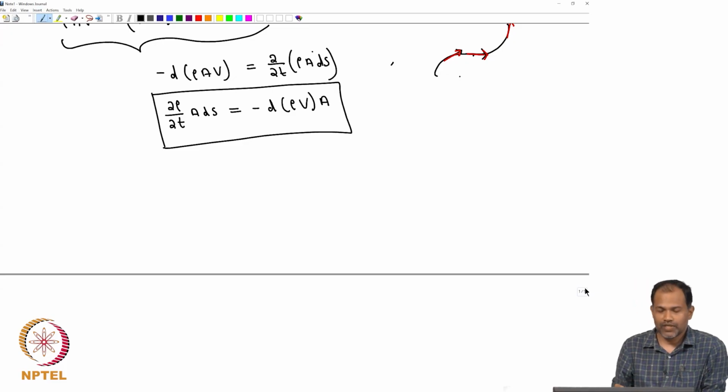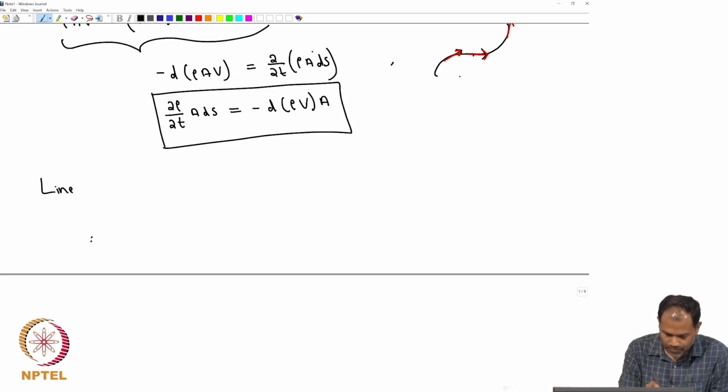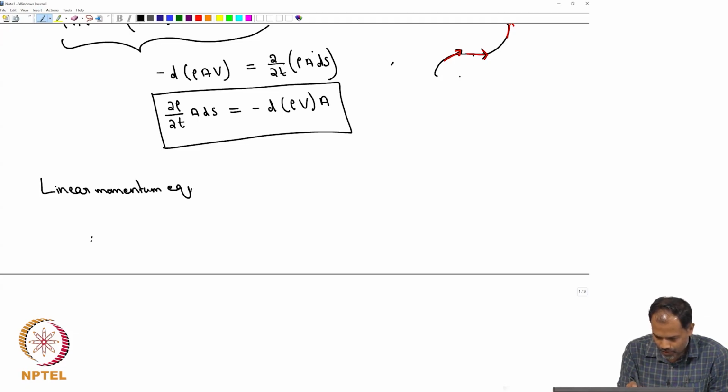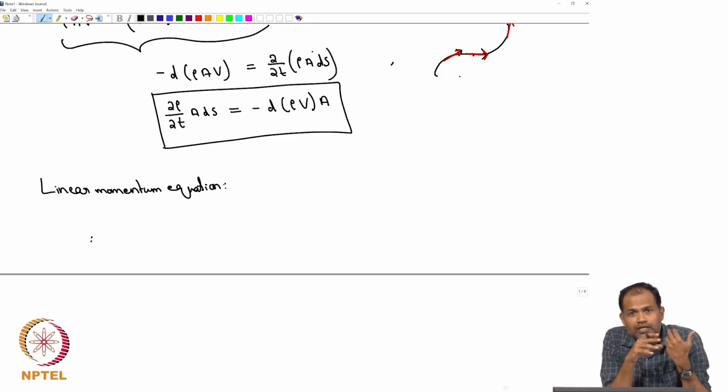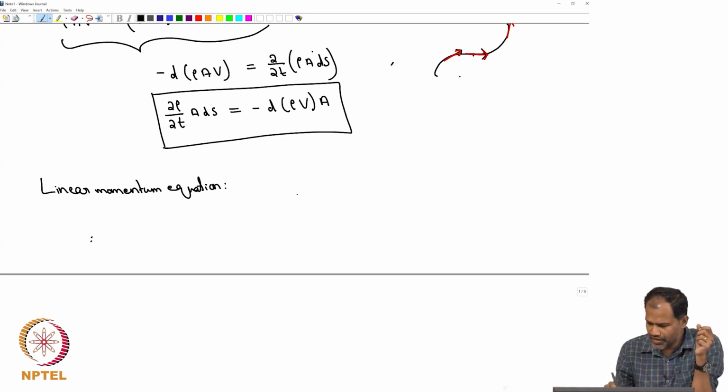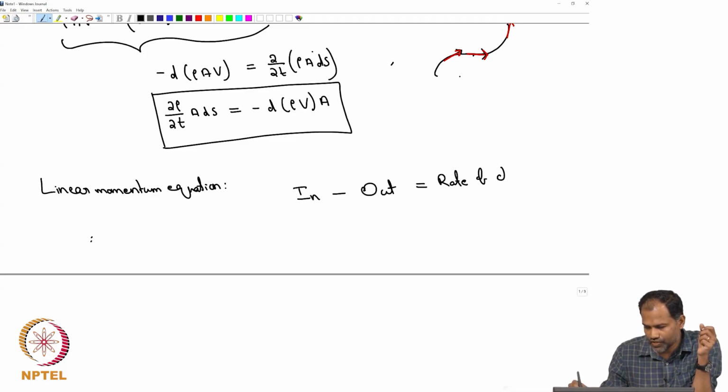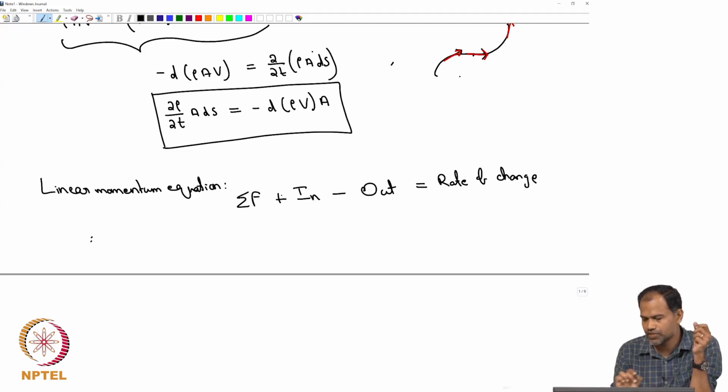Now, we will write down the linear momentum equation. The linear momentum equation is nothing but again momentum in minus momentum out has to be equal to the rate of change of momentum, but we also know that the rate of change of momentum can come from forces. So, that rate of change can also come from all the forces acting in the system.